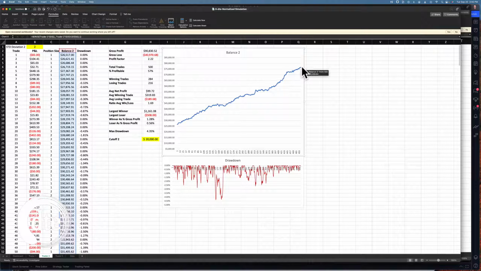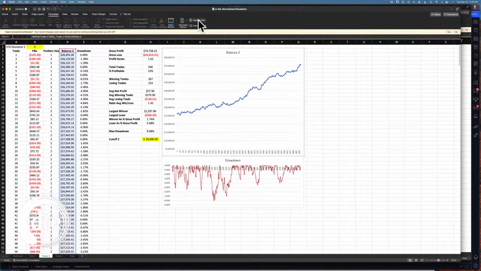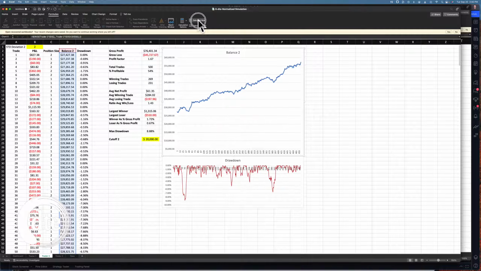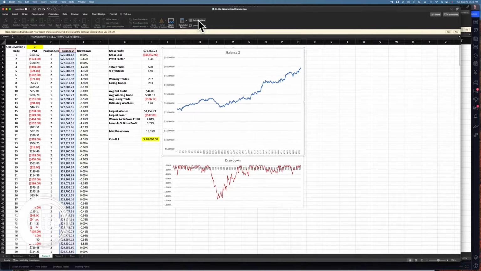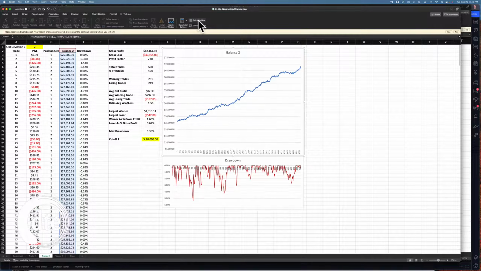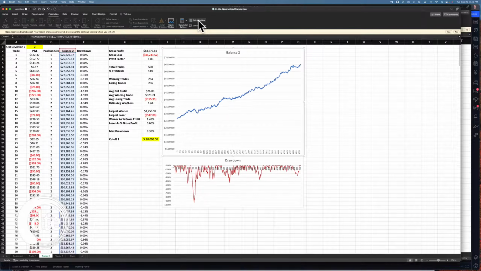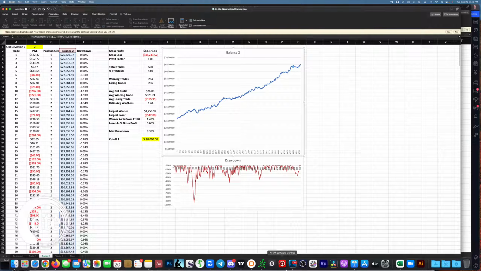It almost tripled the size of the account. But that's unusual, I would say. But still promising. And that was a big drawdown in there. You don't see too many of those big drawdowns. Anyways, that's basically how this goes.